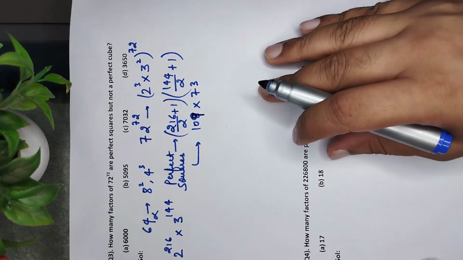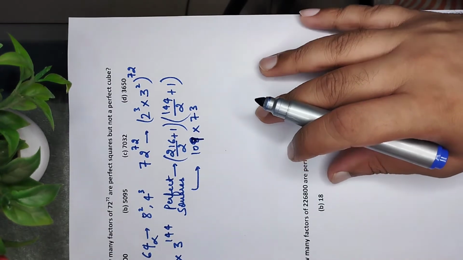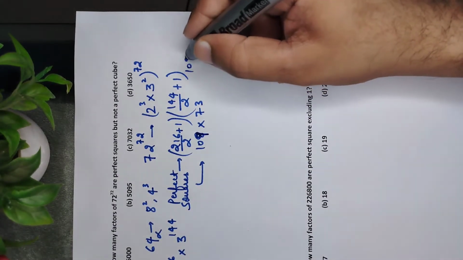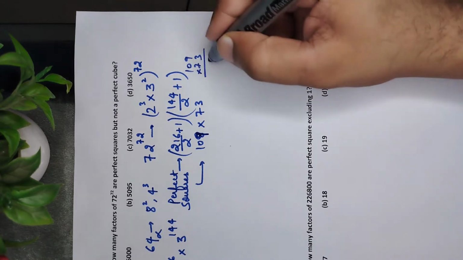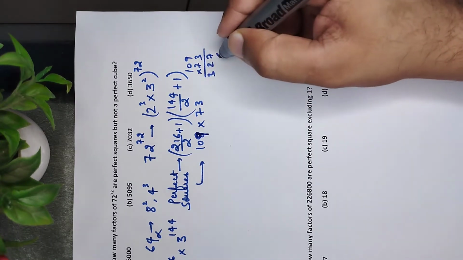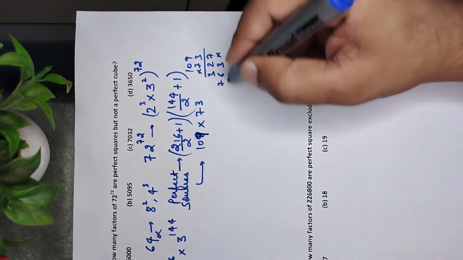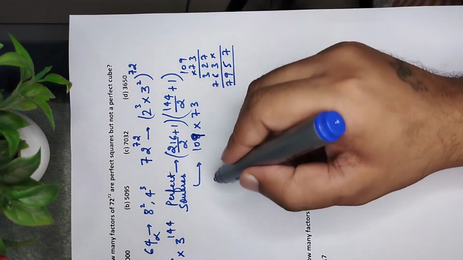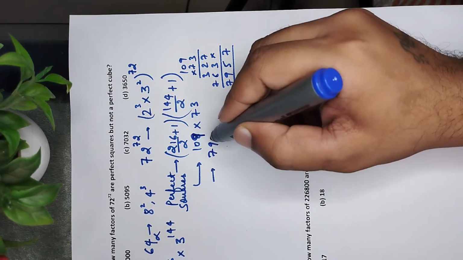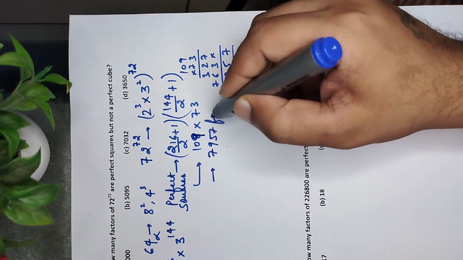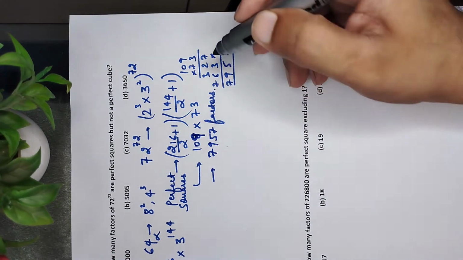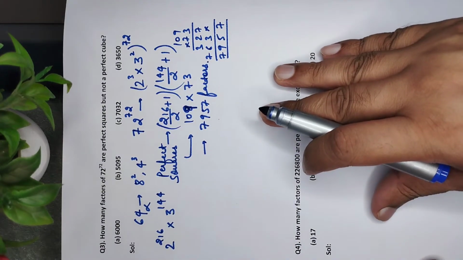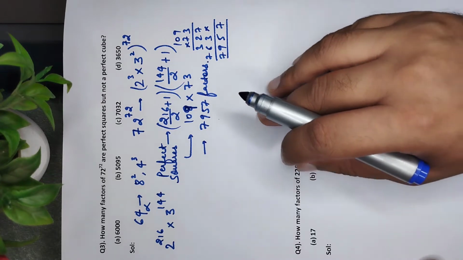So when we multiply this 109 by 73, I will get something as 7,957. So I can say that there are total 7,957 factors that are perfect squares.